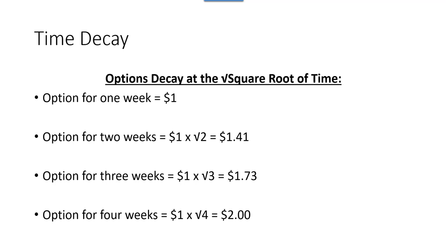But if I sell a 1 week option for $1 and the next week I sell a 1 week option for $1 and the next week I sell a 1 week option for $1, by the end of 4 weeks I would have sold 4 different options for $1 each. I would have had the potential to make up to $4. Same amount of time, but since I was selling week to week, making $1 for each one of those weeks, I made far more value than just going out and selling a 1 month option.